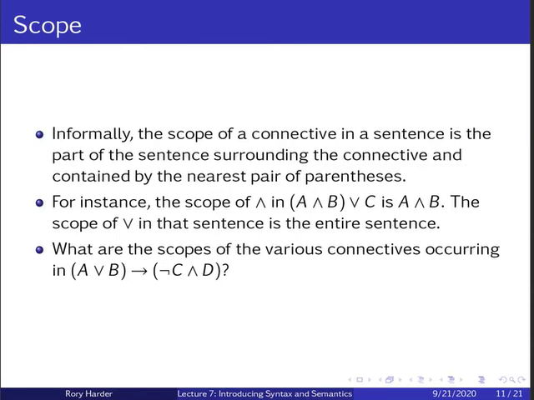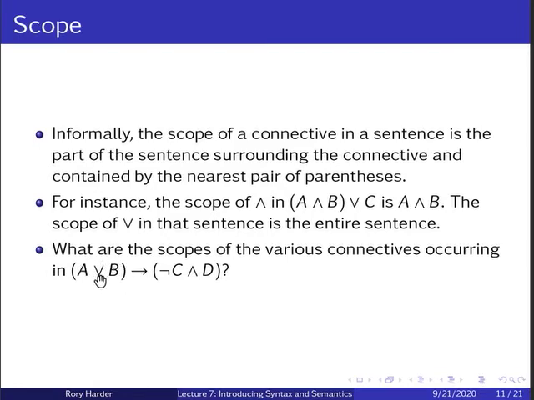So as a quick illustration, we can ask what are the scopes of the various connectives occurring in the following complex sentence, which we would read as follows. If A or B, then not C and D. So first, the scope of the disjunction is the antecedent of the conditional.